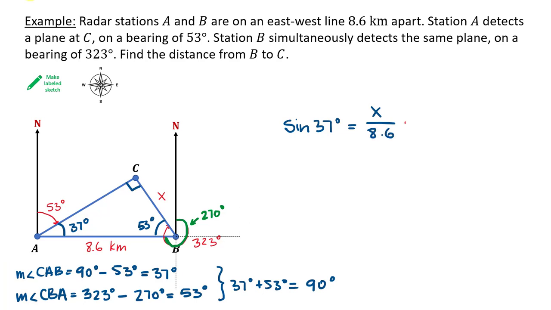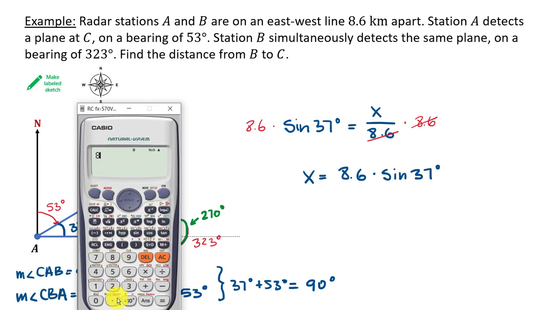Now from here, if I multiply by 8.6 on the right and on the left, I'll find that X equals 8.6 times sine of 37 degrees. That I'm going to enter in the calculator. 8.6 times sine of 37 degrees. And we got this value.